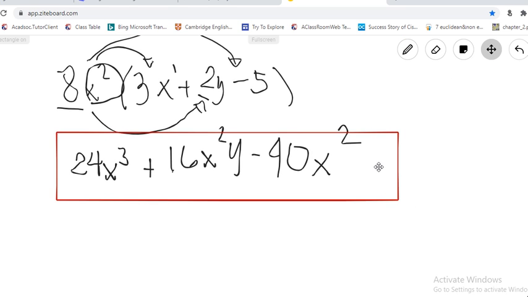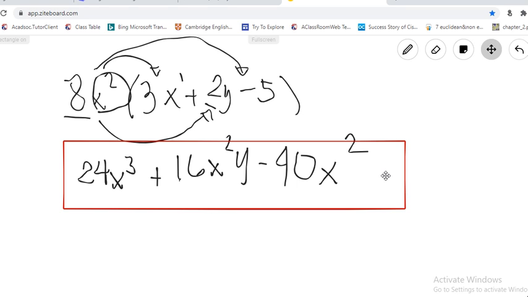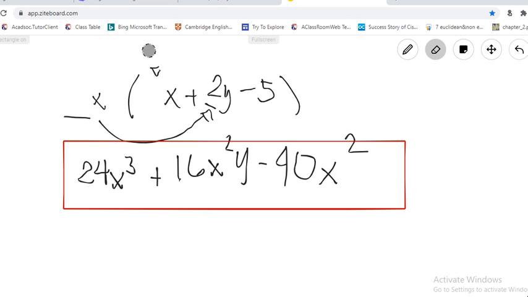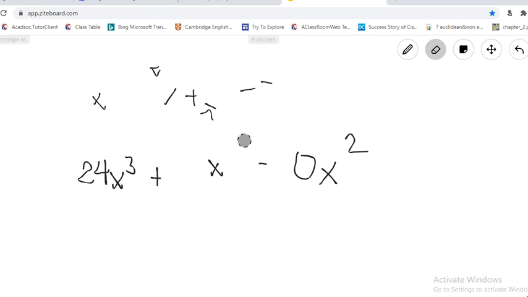Again, the final answer on this example is 24x cubed plus 16x squared y minus 40x squared. Okay, so I hope that this one is clear enough. So that is for multiplication of a monomial by a polynomial.